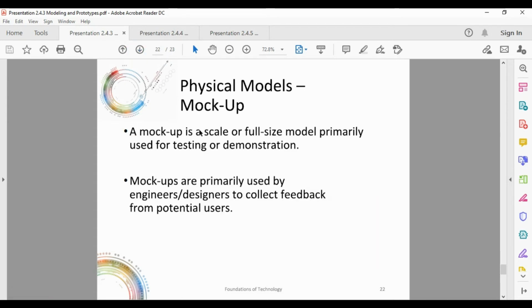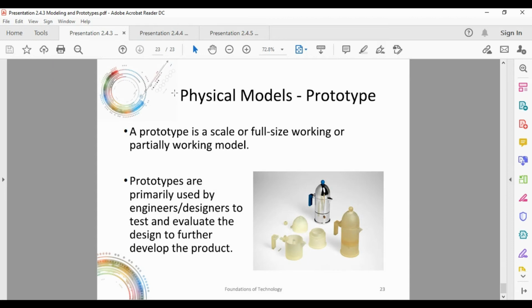A mock-up is a scale or full-size model primarily used for testing and demonstration. Mock-ups are primarily used by engineers and designers to collect feedback from potential users. Whereas a prototype is a full-scale or full-size working or partially working model. It doesn't have to be completely working.